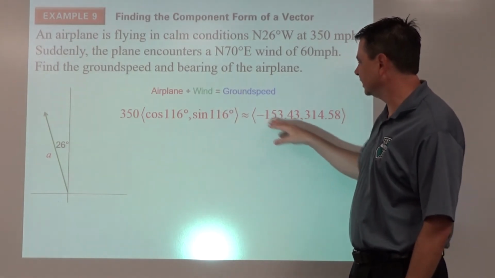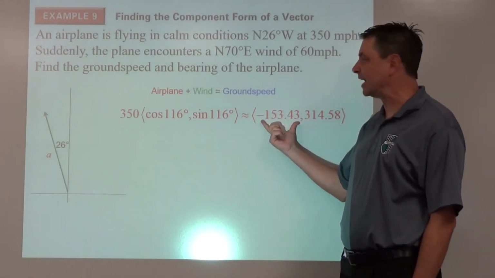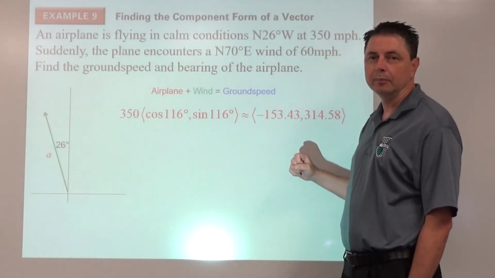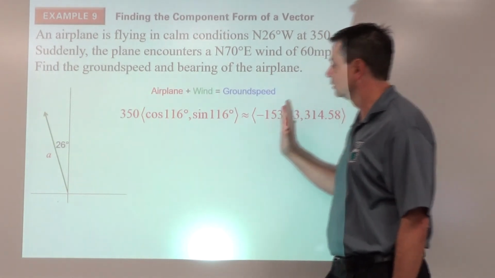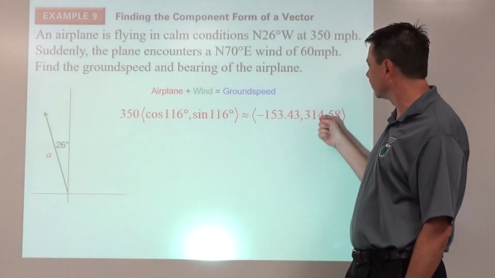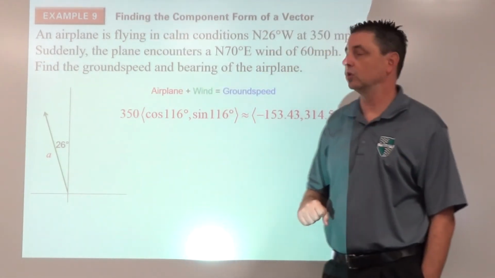So approximately that vector means our plane is essentially traveling 153.43 miles per hour going west, and at the same time 314.58 going up, or in this case north.